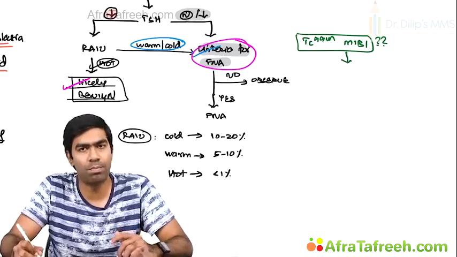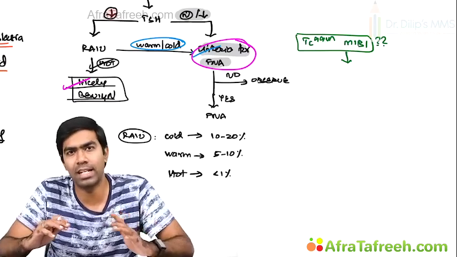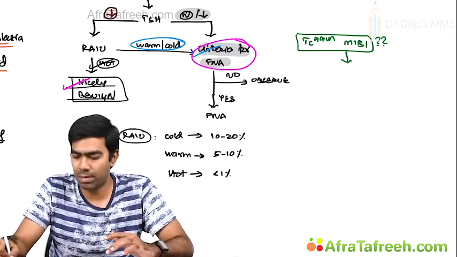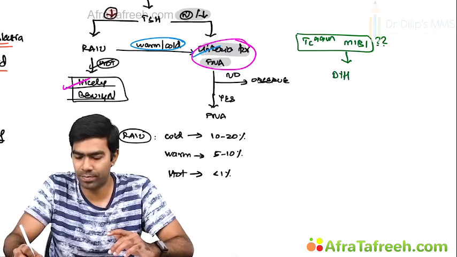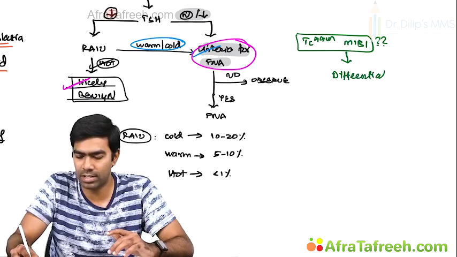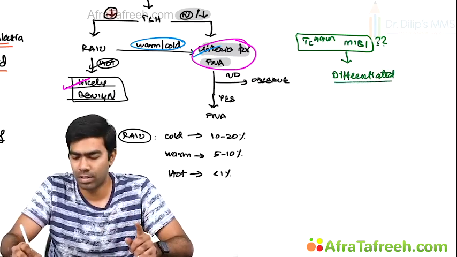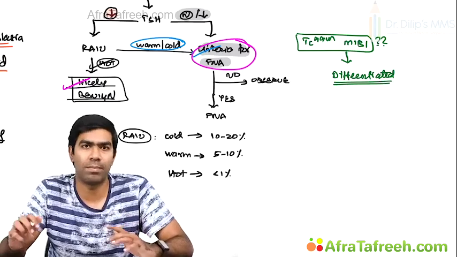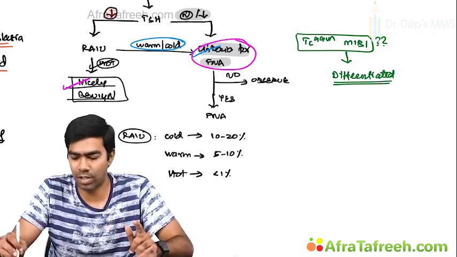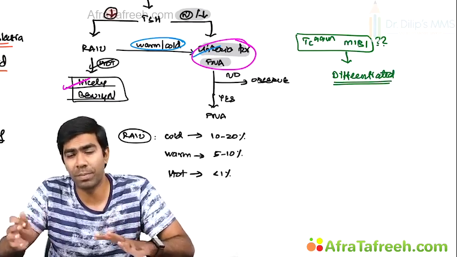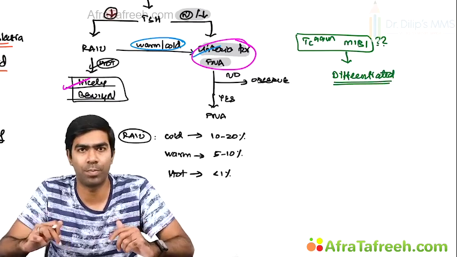But it has been proposed that this technetium 99m MIBI or SESTA-MIBI scan can be useful for identifying a differentiated cancer. Differentiated cancer, which means I'm not talking about anaplastic. Differentiated means it should be a PTC, FTC, or a MTC, not an anaplastic cancer. For differentiated cancers, the tracer accumulation of MIBI might be useful.